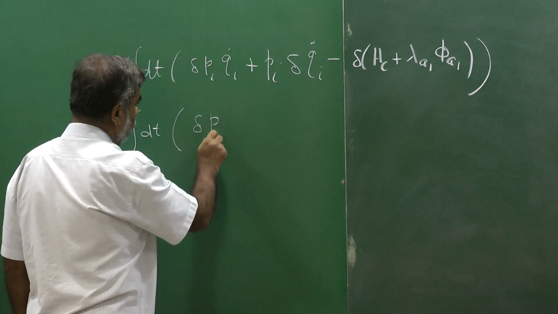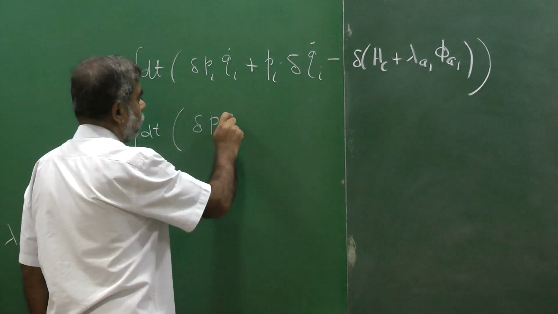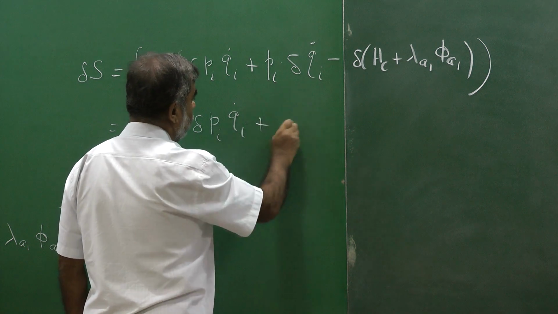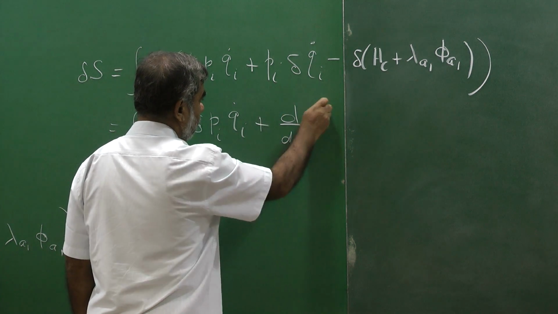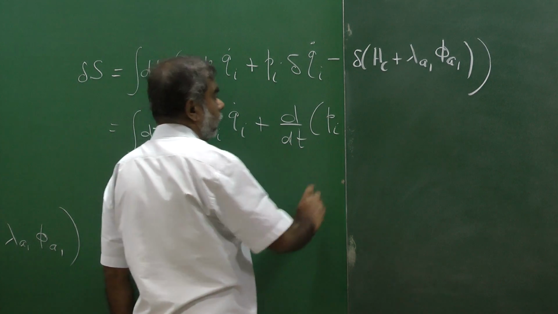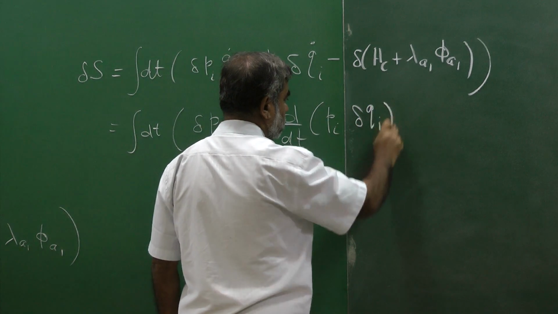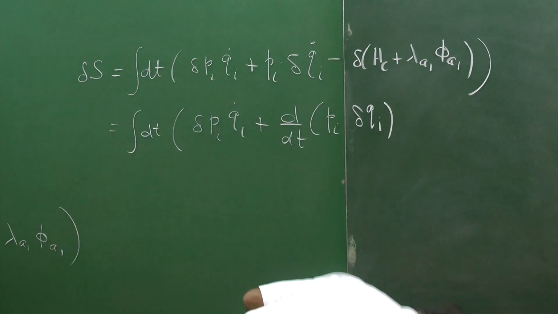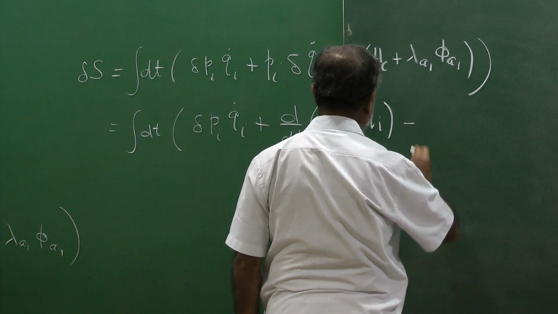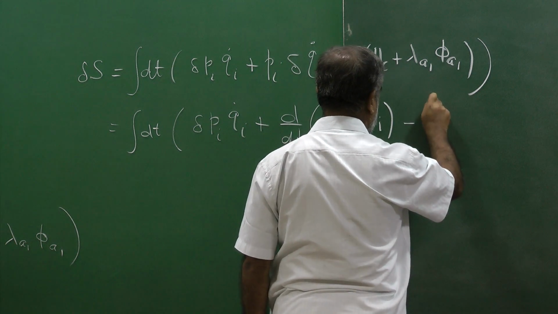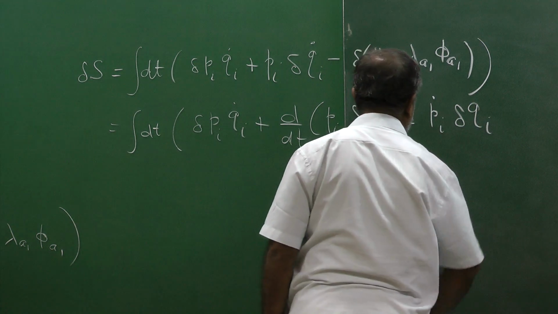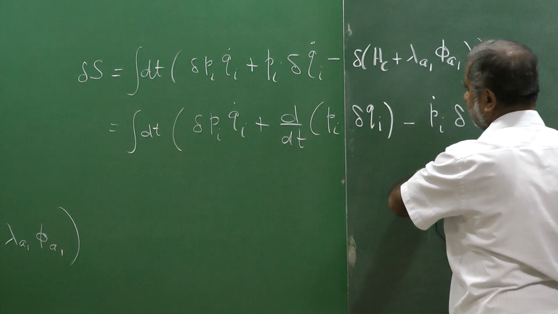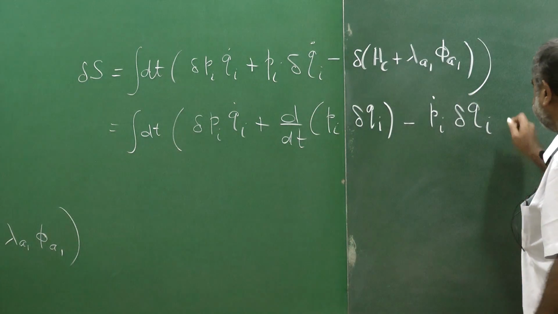You write it this way, and then you can write this as a total derivative. So I've subtracted one part of this, but the other part is just left like this.